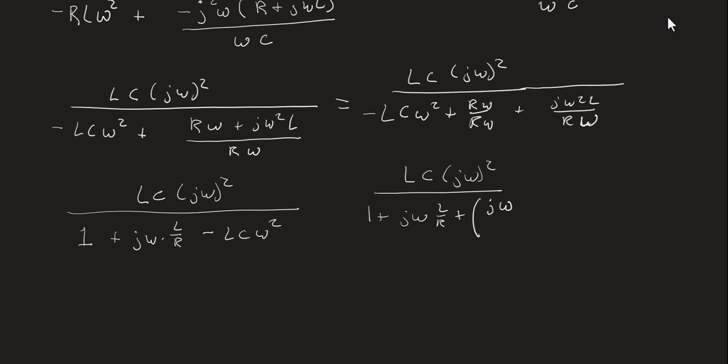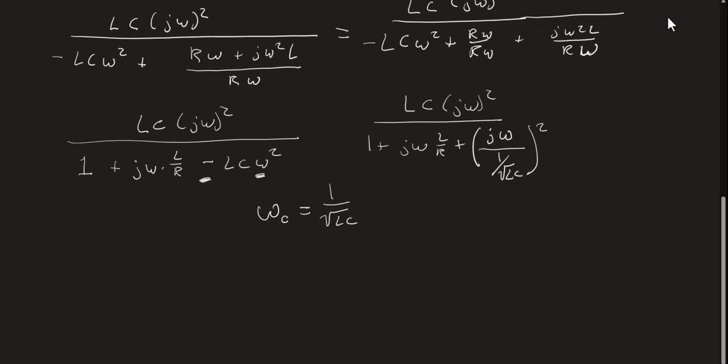So j omega gets this and this, and then over 1 over the square root of LC squared, because that then equals this. If I square this, I get minus omega squared over 1 over LC, and that would bring the numerator up. So this tells us that omega c is equal to 1 over the square root of LC.